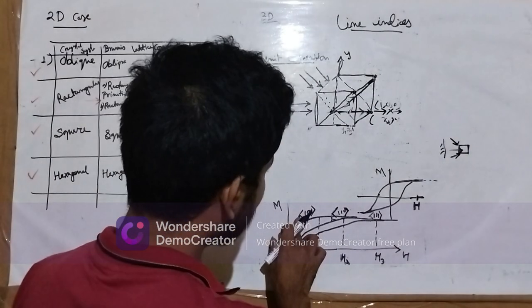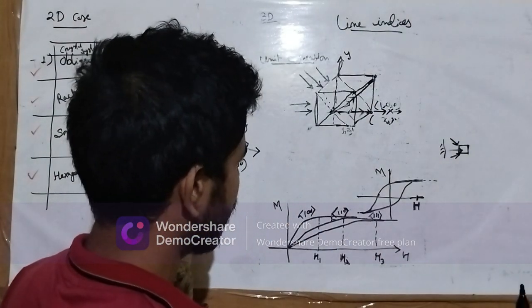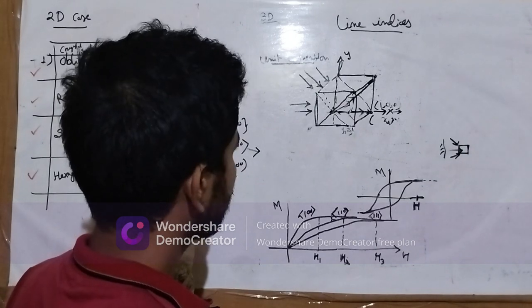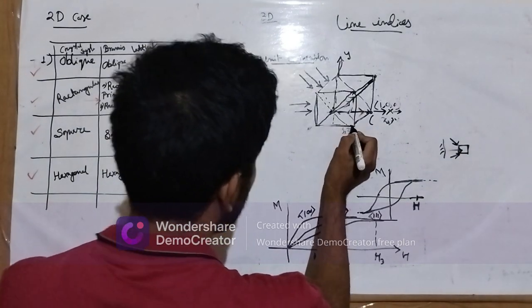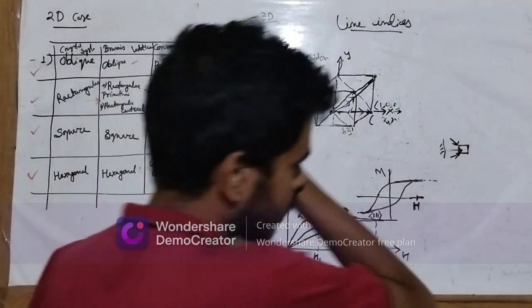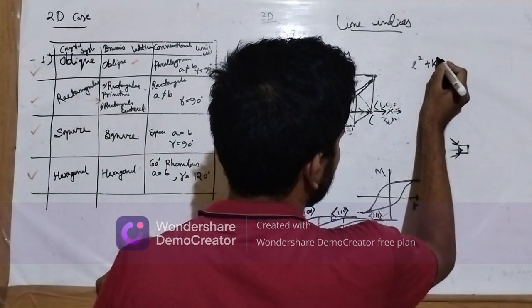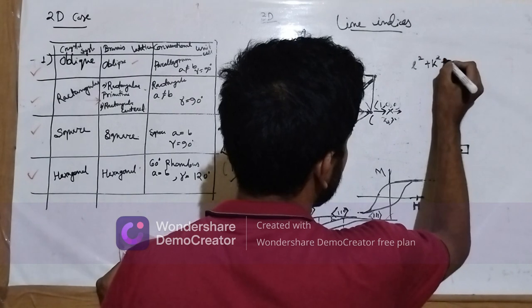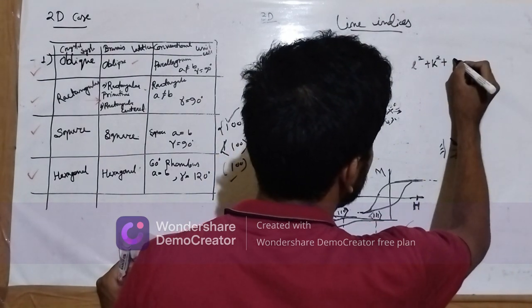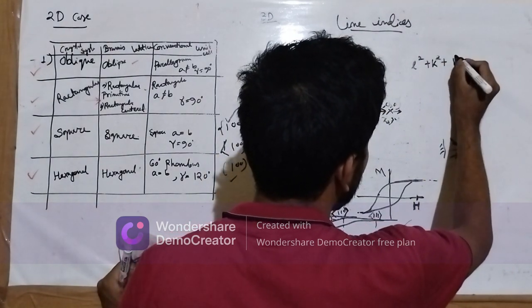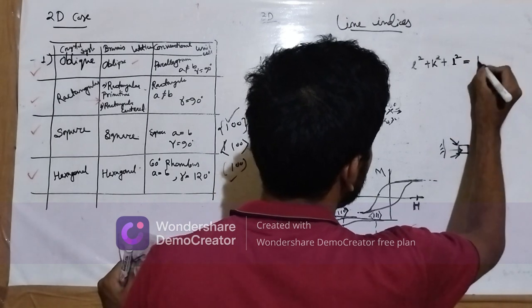This is nothing but a family of these lines. There is an equation, L square plus K square plus H square equal to H square.